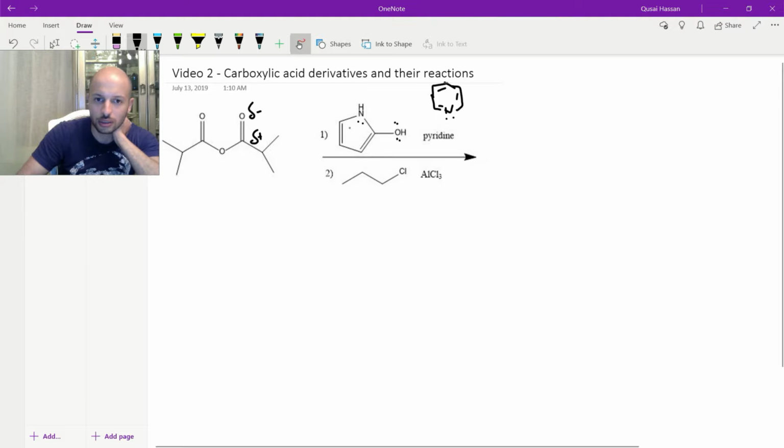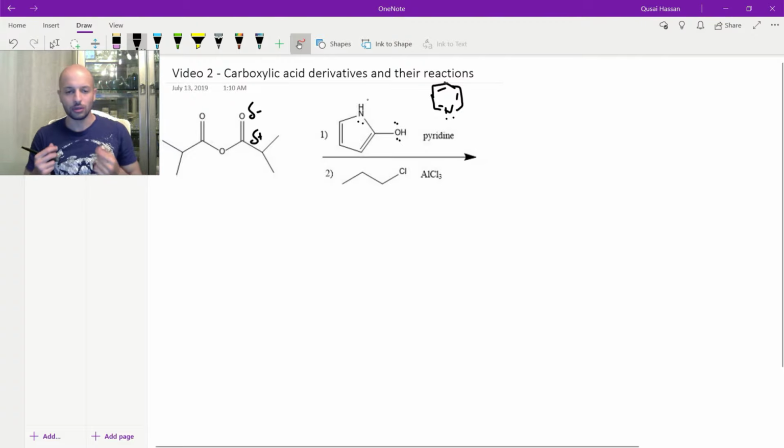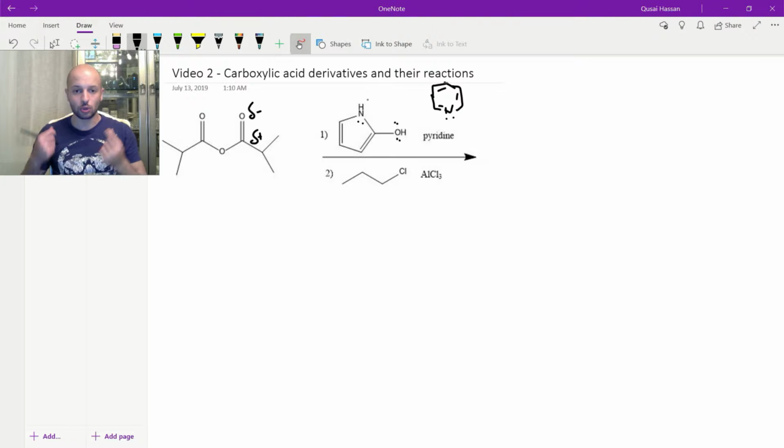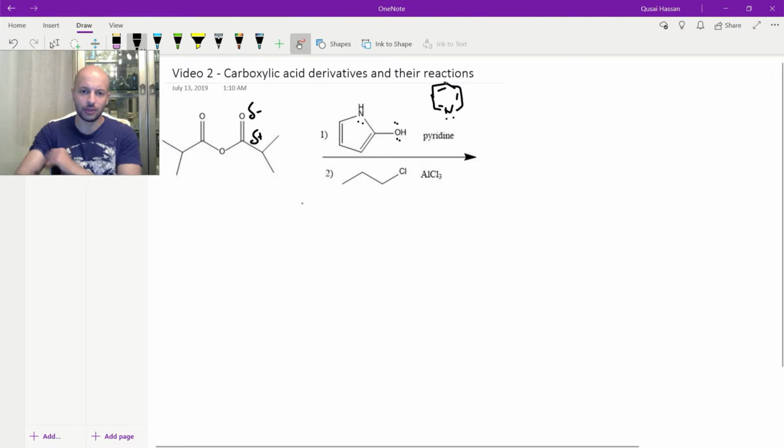Well, let's look at this nitrogen first. Usually, because nitrogen is more electropositive than oxygen, it's more willing to donate its electrons, so it acts as a better nucleophile. However, in this case, the lone pair of electrons on the nitrogen actually occupies that p orbital, and it's involved in the aromatic system.